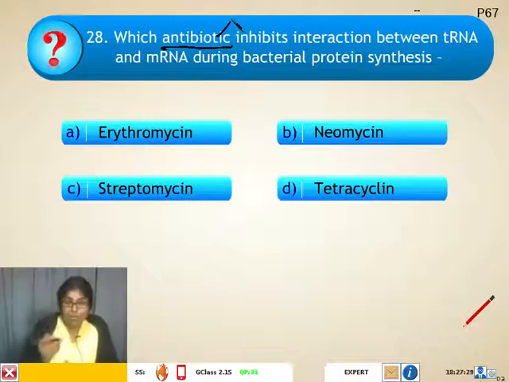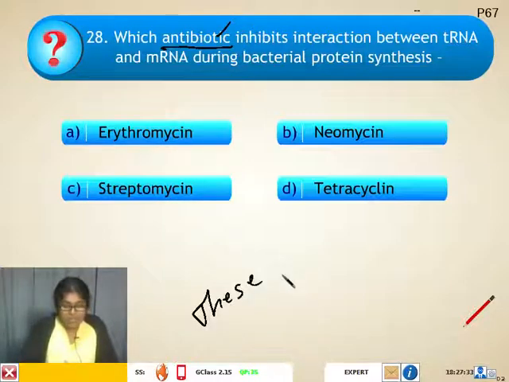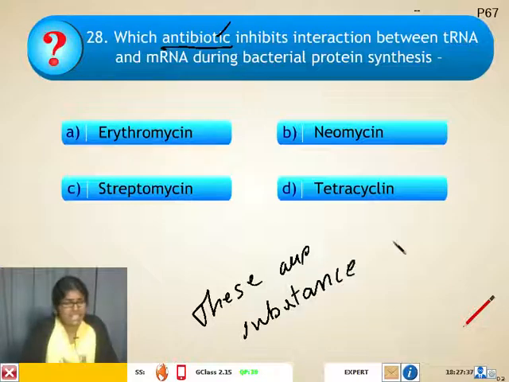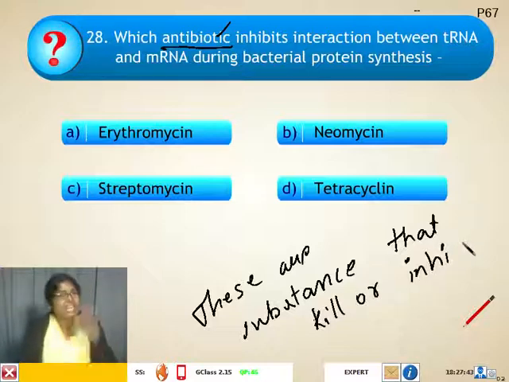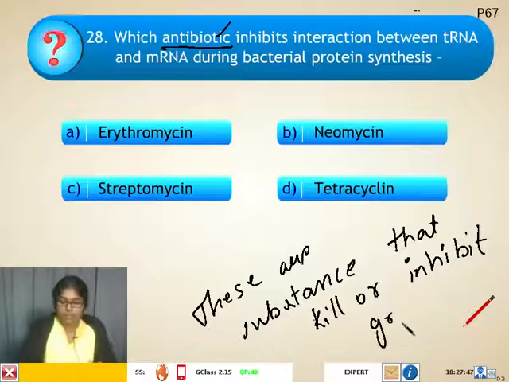So what are antibiotics? These are substances that kill or inhibit, which means they stop or hinder the growth of bacteria.